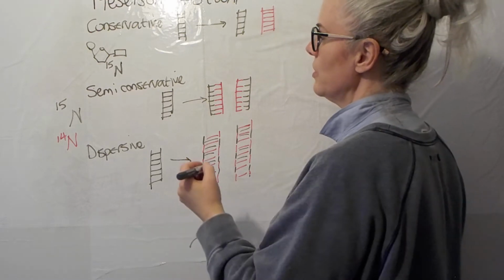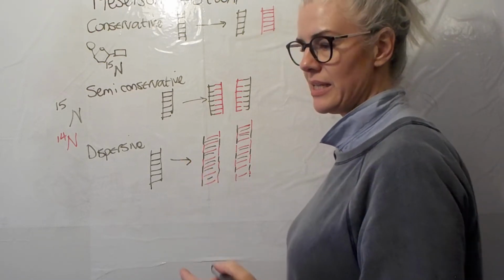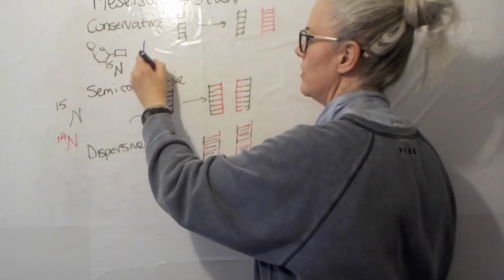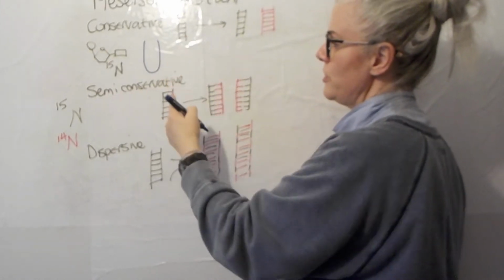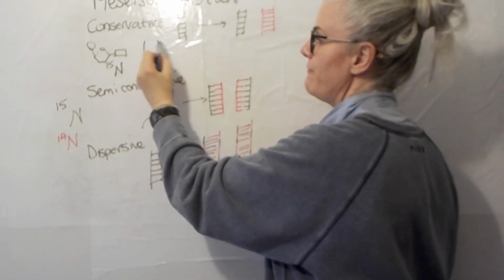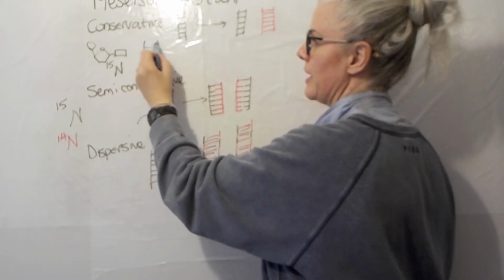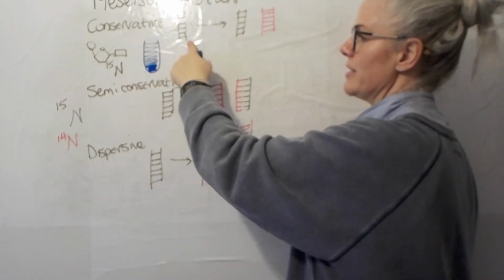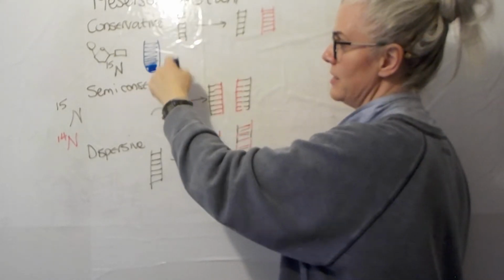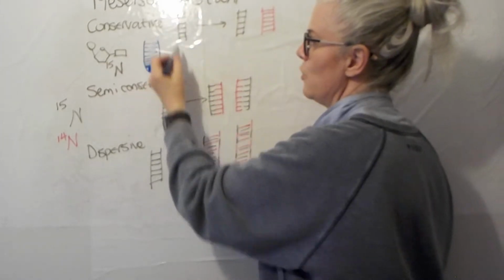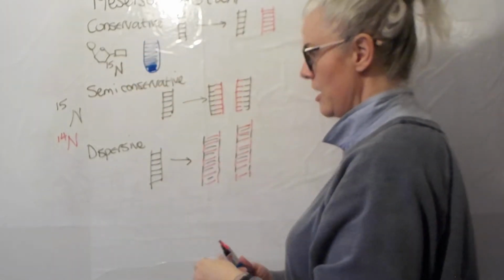Now you can spin DNA on something called a cesium chloride gradient. And so when you spin cesium chloride, it forms a density gradient. So it's really dense at the bottom, and then it gets less dense. If you extract DNA from cells and spin it, so put it in a centrifuge and spin it around very, very fast, the DNA will find its density and will form a band.